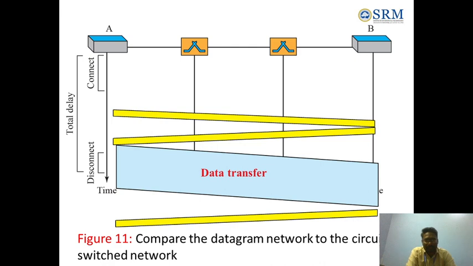First we need to set up the connection. After setting up the connection, seamless data transfer is obtained, and once the data transfer is completed, the connection is disconnected. This is compared with the circuit switch network, showing how the delay happens in the circuit switch and the packet switch network.